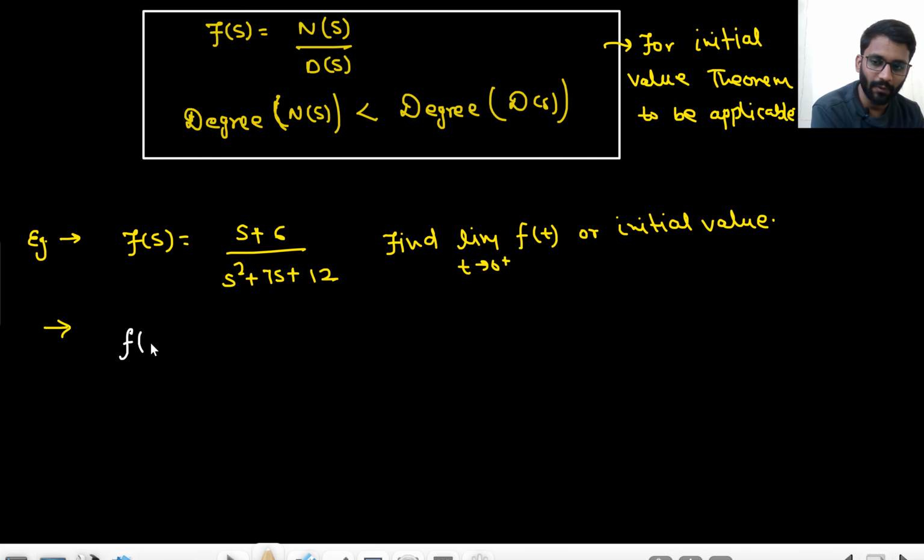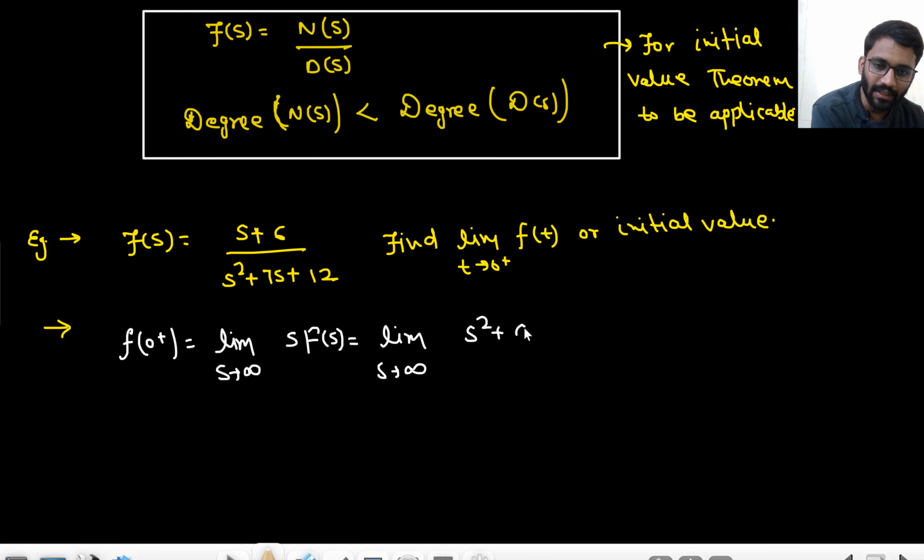So f(0 plus) would be limit s tends to infinity of s into F(s). That is s square plus 6s upon s cube plus 7s square plus 12s.